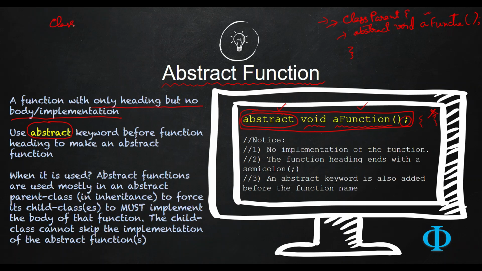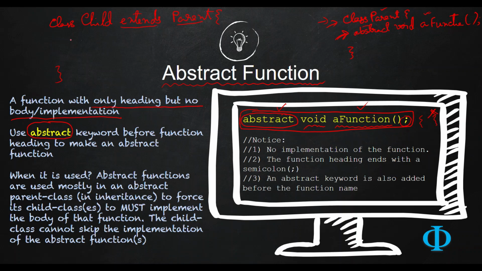Let's say this is class child, and this child extends the parent. So when you are inheriting this parent class, the child must implement this abstract function. If you skip the implementation, you will get an error over here. So what you need to do is re-implement this function.